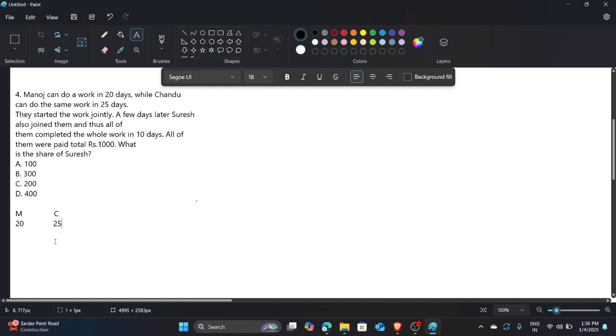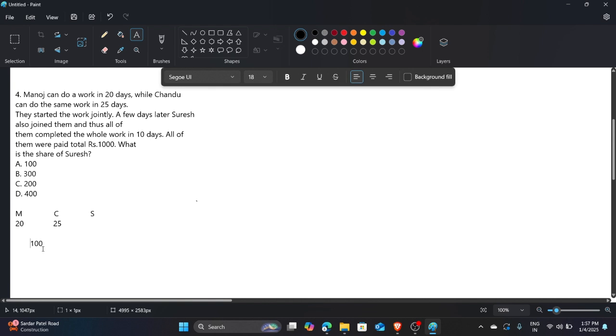Okay, no problem. So now one more candidate comes, that is Suresh, but after some time. So we have to see how much the total work is. The total work possible is 100 units. So what is their efficiency?